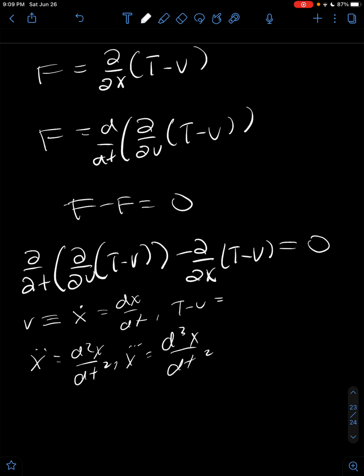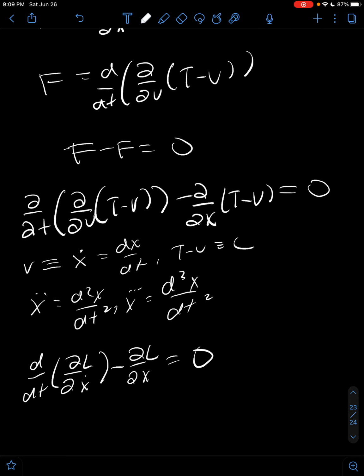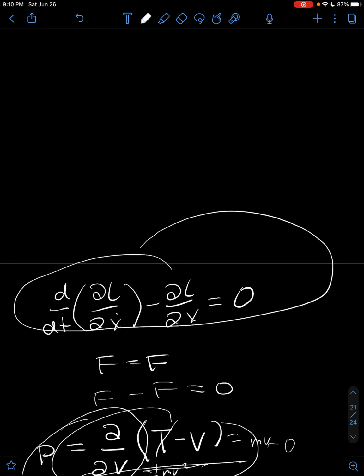And we can also define T minus V as L as a shorthand. That would mean that we have d over dt of partial over partial x dot of L, minus partial over partial x of L, equals 0.